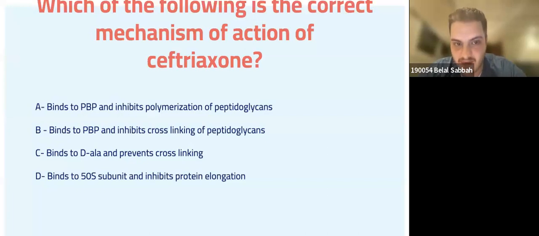A is penicillins. Okay, penicillins binds to the penicillin binding protein and inhibits the polymerization of peptidoglycans. Ceftriaxone inhibits the cross-linking. Vancomycin binds to D-ALA, prevents the cross-linking. And then for 50S, inhibits protein elongation. That's like chloramphenicol. Okay?